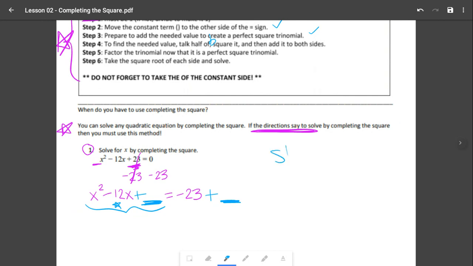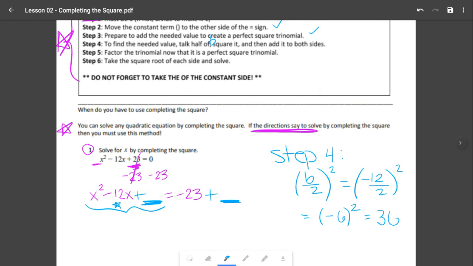So step 4 right now, what you are doing is you are taking half of the b value and then squaring it. So in this case, the b is -12. Taking half of that, you now have -6, and then squaring it, it turns it to a +36.